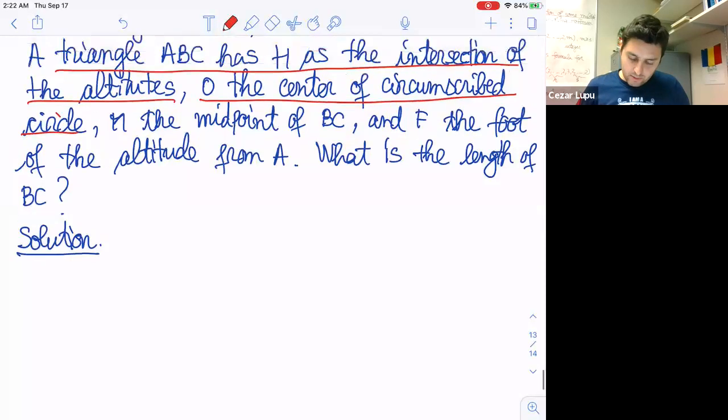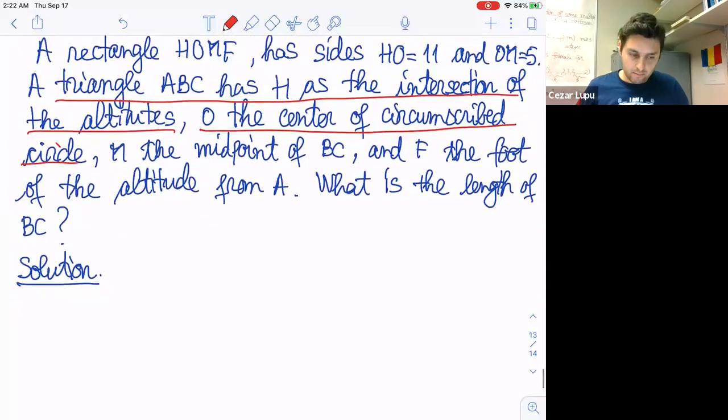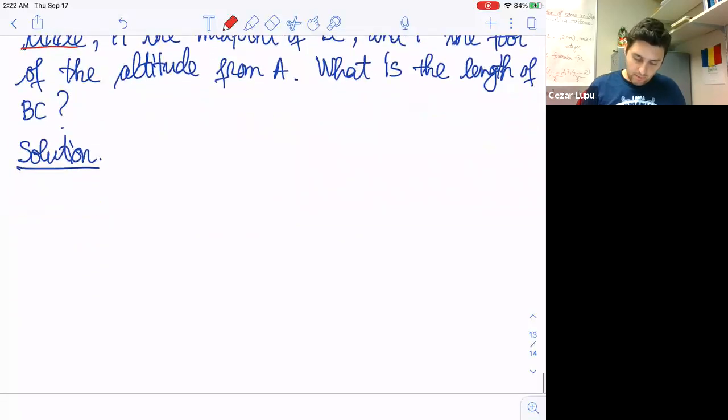Okay, here we go. So let's read the statement. I have a rectangle. Let's draw the rectangle first.